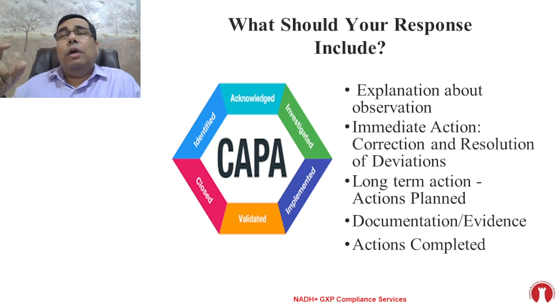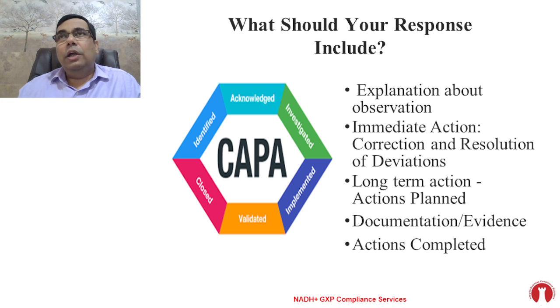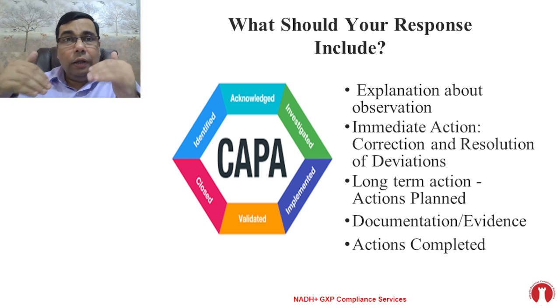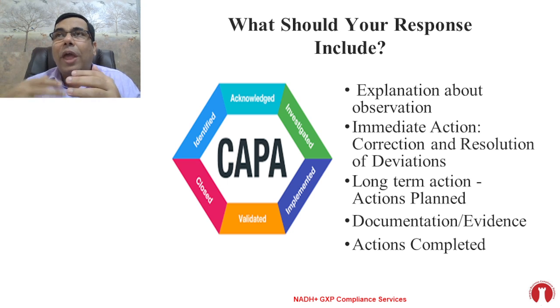You identified the observation, but you are not running your whole site under complete non-conformity. You are running your organization since long, and today the inspector came and gave you the observation. That does not mean you have been running all operations under the same type of non-conformity for a long time. So you need to explain how it is a single isolated case, and specify that in the response.